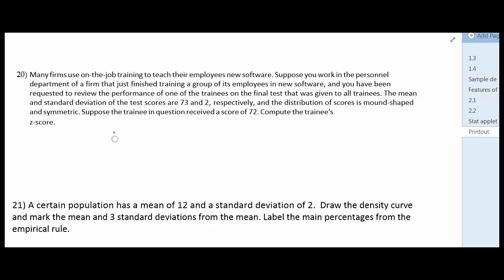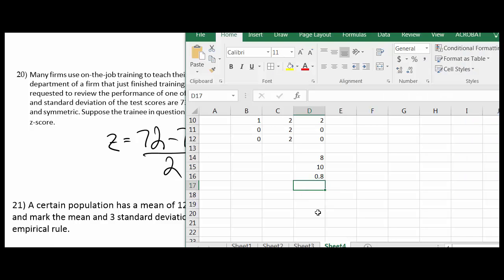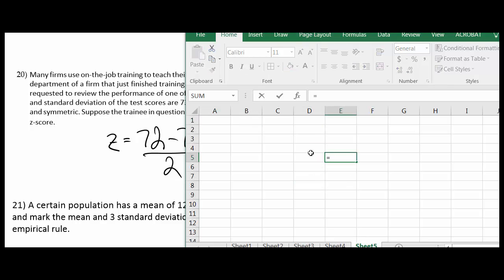Okay. So, just good old-fashioned z-score here. So our z-score is observed minus expected divided by standard deviation. Now, it's clearly going to be something negative. And I'm just going to use Excel as a calculator. 72 minus 73 is negative 1.